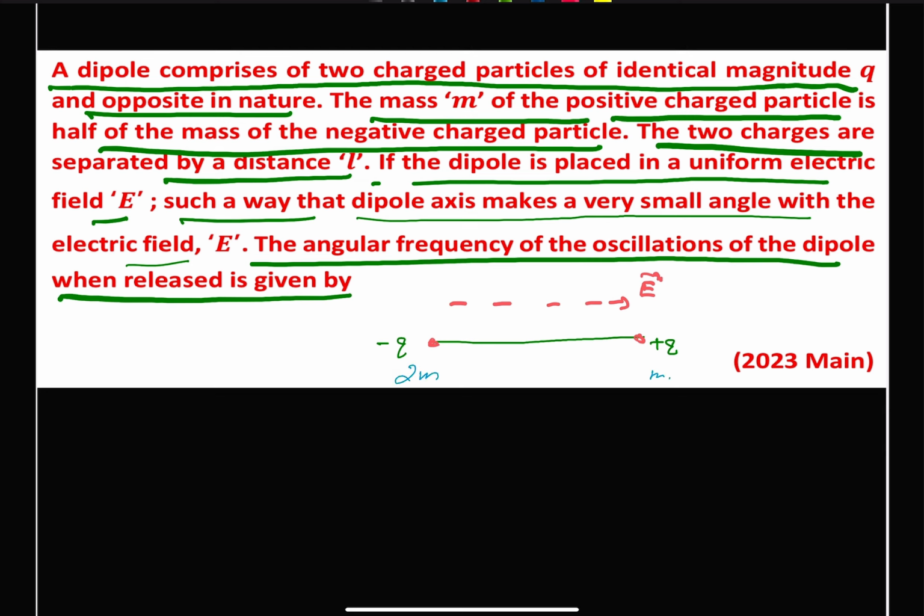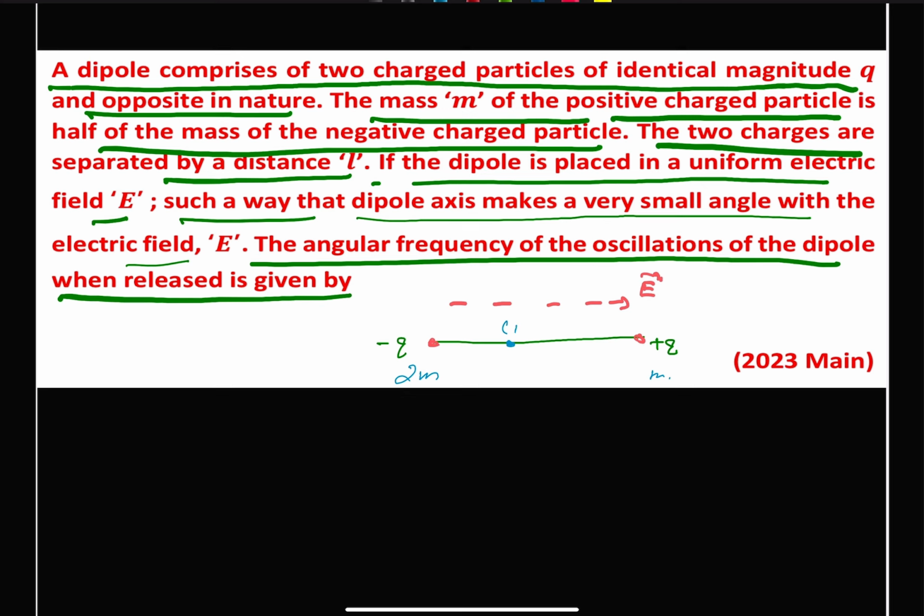Under normal circumstances, if both sides are having mass m, then the center of mass will be lying exactly at the center. But in this case, it will be a little bit shifted towards the minus Q. Let us suppose this is the point of our center of mass. Sorry, not moment of inertia, but center of mass.